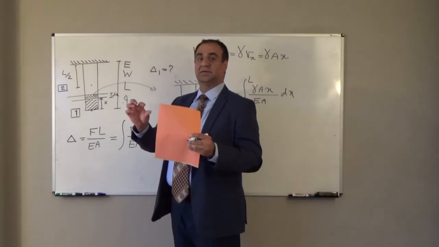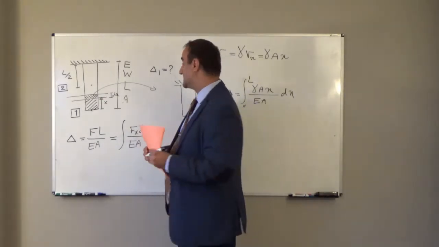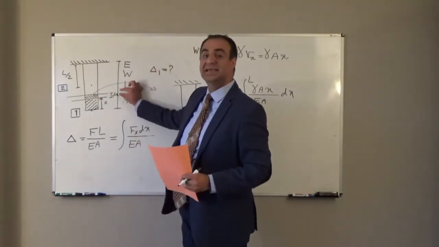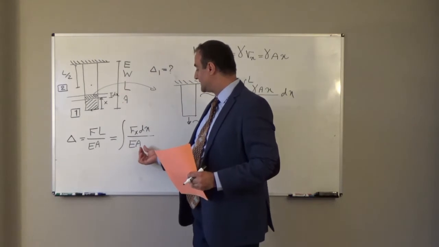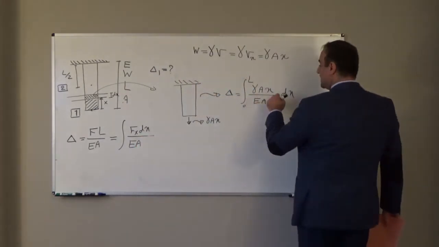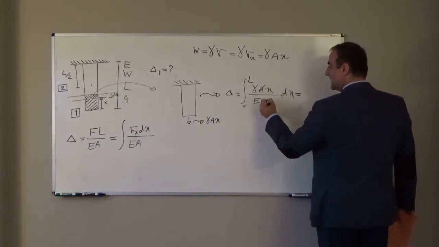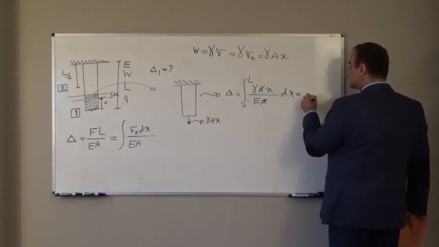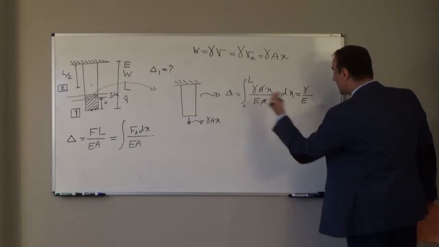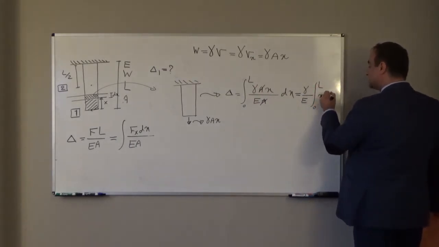That weight acts similar to an external load for this element. This element length is dx divided by EA. So instead of Fx, I will put gamma Ax dx over EA. From here, you know, A and A can cancel each other. Gamma over E is constant, so I can pull it out of the integration from 0 to L of x dx.